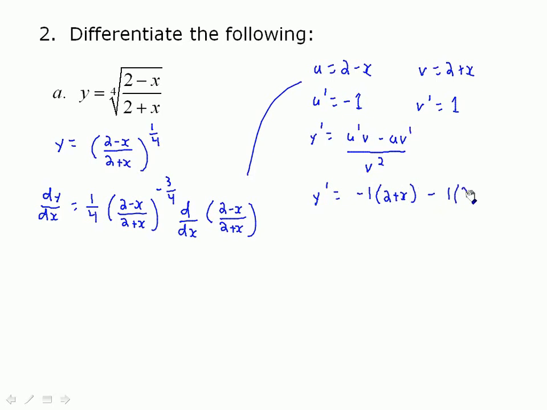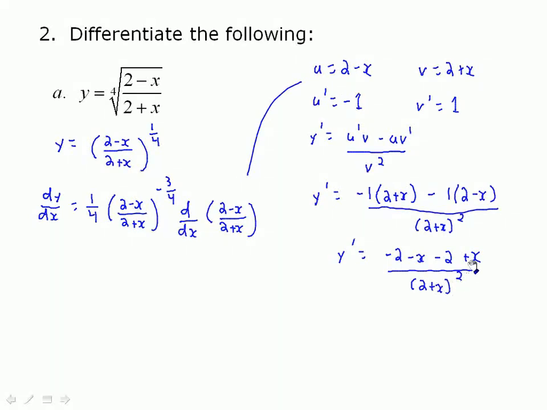So that's 1 times 2 minus x, all over top of v squared, which is 2 plus x to the 2. y prime is now equal to, when you clean up that numerator, negative 2 minus x minus 2 plus x, all over 2 plus x squared. Therefore, y prime is equal to negative 4 over 2 plus x to the 2.